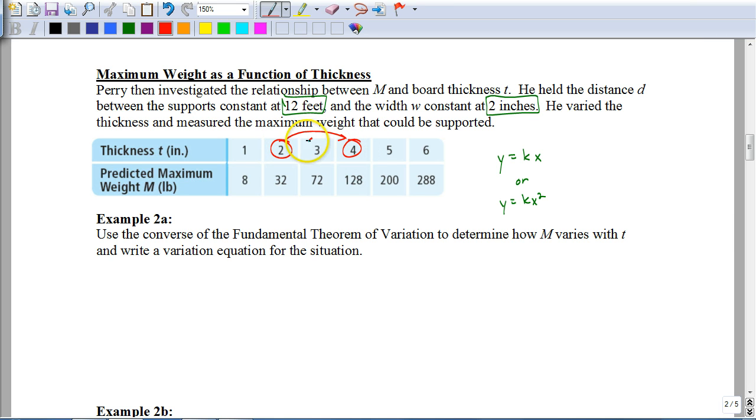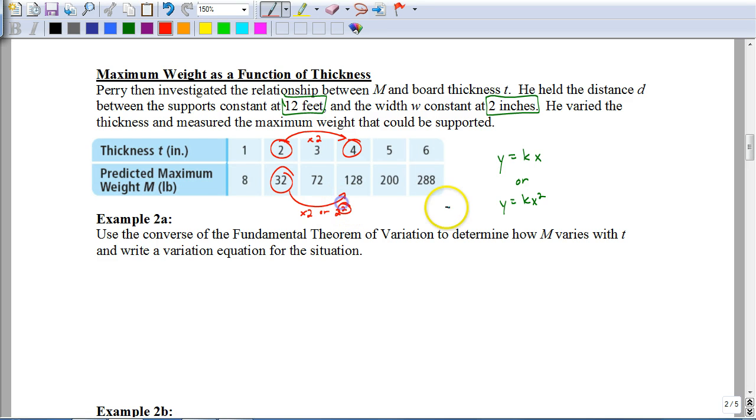Okay, well, 2 times 2 gives me 4, so I want to figure out, well, is it going to be 32 times 2 or 2 squared? That would give me 128. Should be pretty obvious, but let's go through this. 32 times 2 is 64, not 128. 32 times 2 squared, or 32 times 4, is exactly 128.